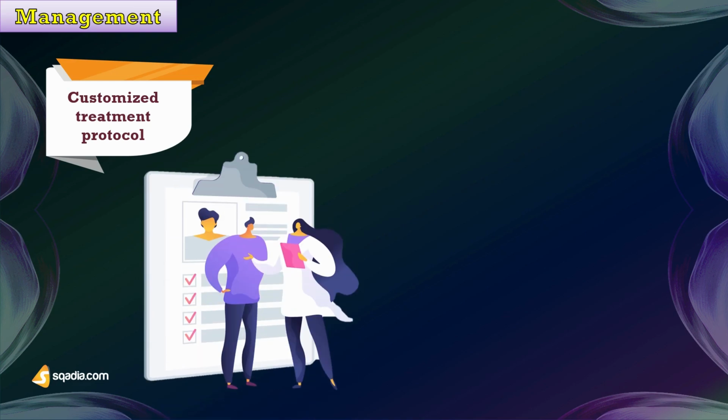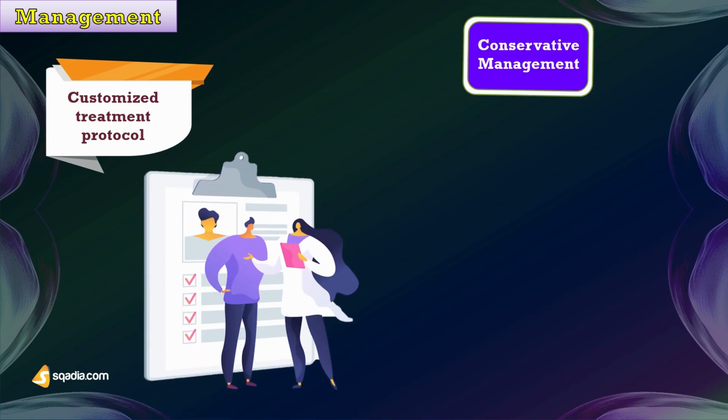The treatment approach for Meralgia Paresthetica involves tailoring a multifaceted strategy that is customized to meet the individual needs of each patient. The primary focus of treatment is conservative management, which involves identifying and addressing the underlying factors that contribute to the condition.